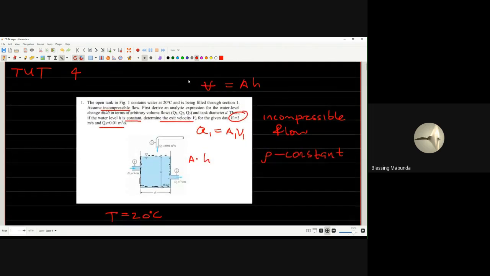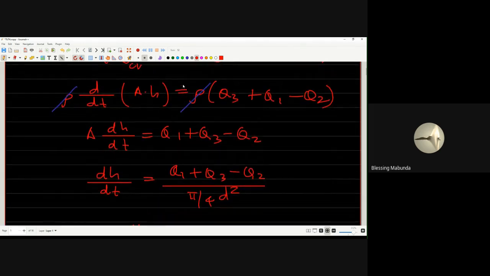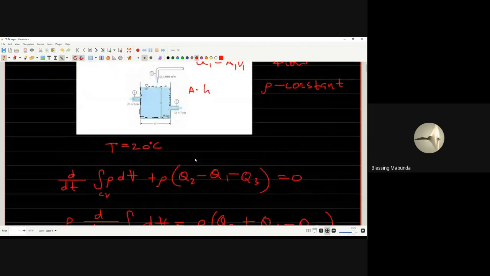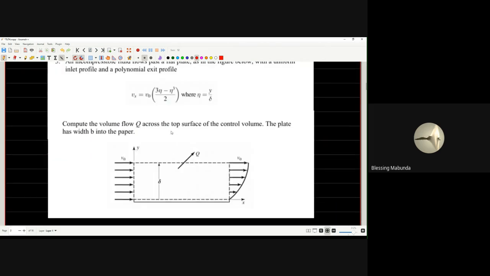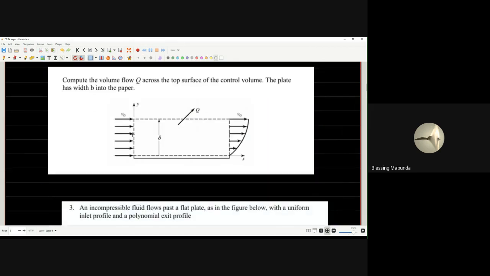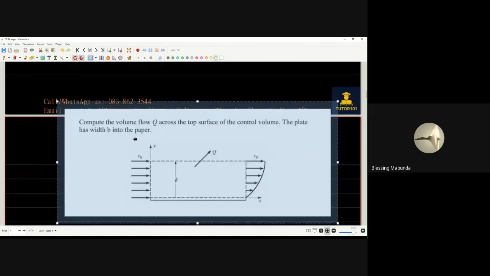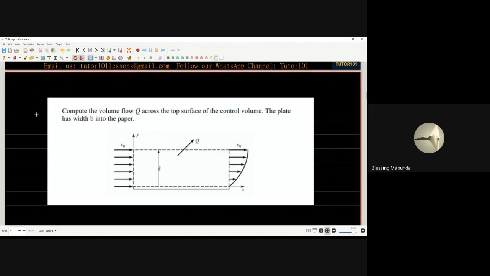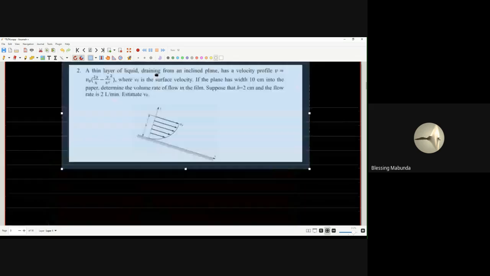Right, so our analytic expression here for dH dt was given by that. And we're now going to be looking at question 2.